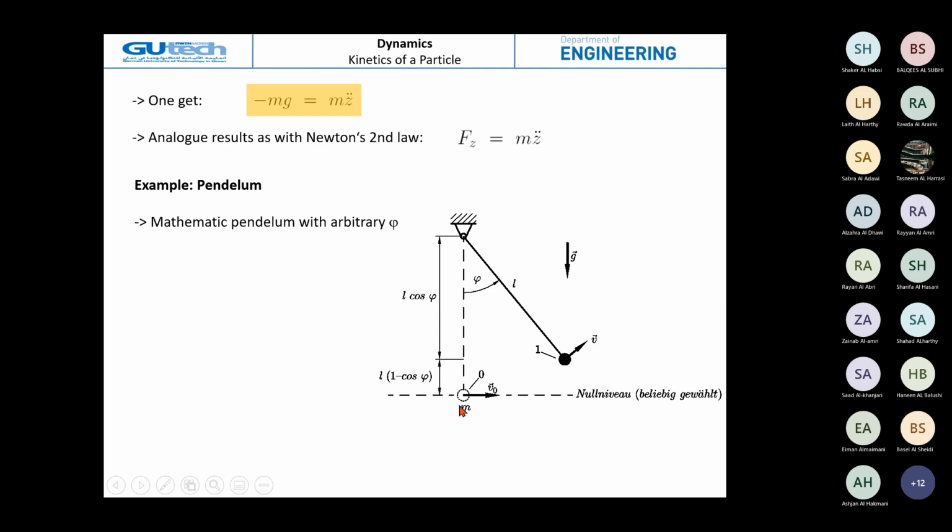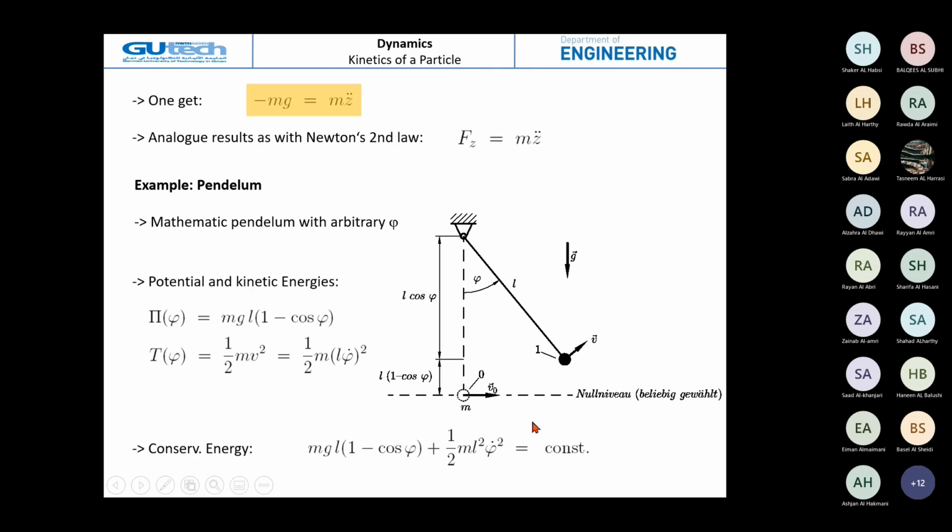At the initial state, we know that phi will be equal to 0, and also we know the height, which is the length L, and we know the initial velocity v0. This is why we make the zero level at this position.